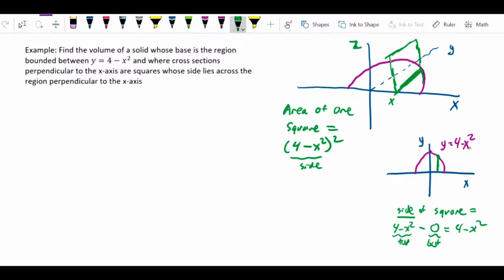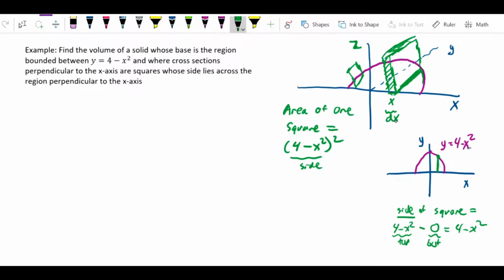So now all we need is the third dimension, but that's fairly easy to do because we know that we're going perpendicular to the x-axis. So these squares grow in the direction of the x-axis, and that's another square I drew in on the other end of this base. And making this a little bit thick so that it looks like a slab instead of just a piece of paper, what we can see is that it has a thickness dx.